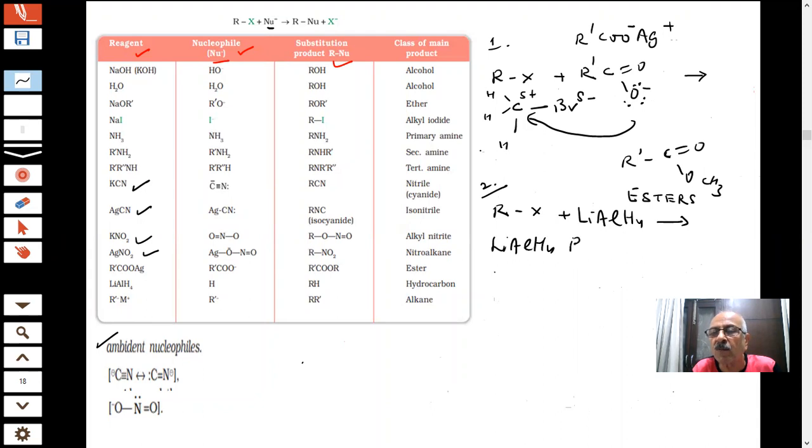LiAlH4 is a very strong reducing agent. What is the nucleophile present in LiAlH4?